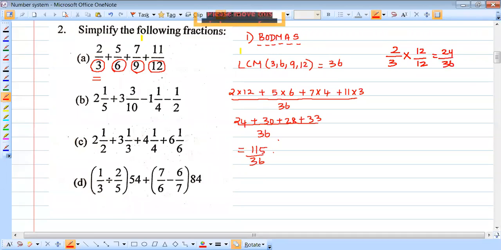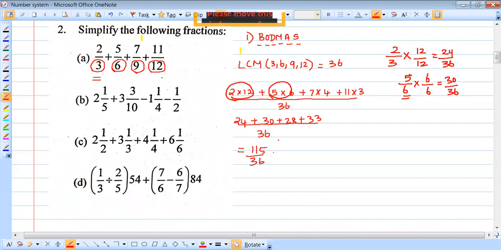So this 24 only I wrote here, 2 into 12. Then next 5 by 6. By which number will you multiply 6 to get 36 as your denominator? 5 6s are 30, 6 6s are 36. So this 30, 5 into 6, has come here. This is the way to find out the answer. After all your denominators are the same, you can add up the numerators simply.